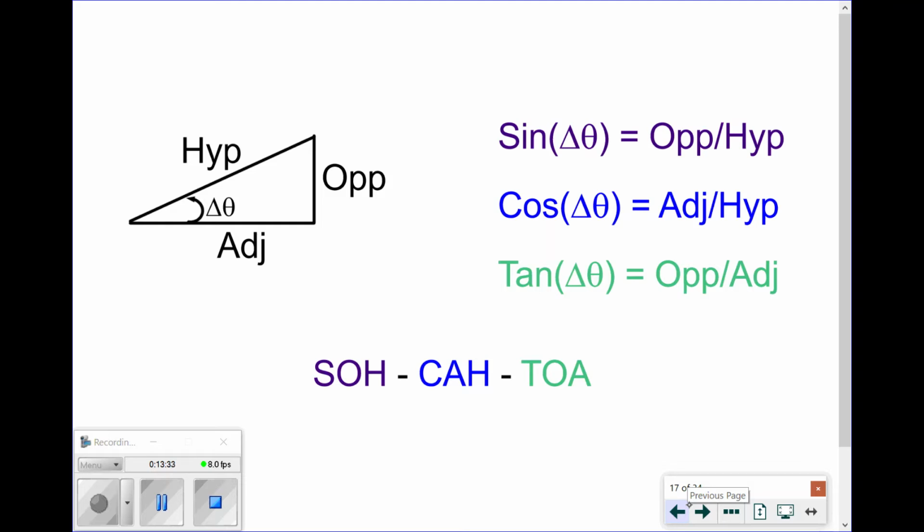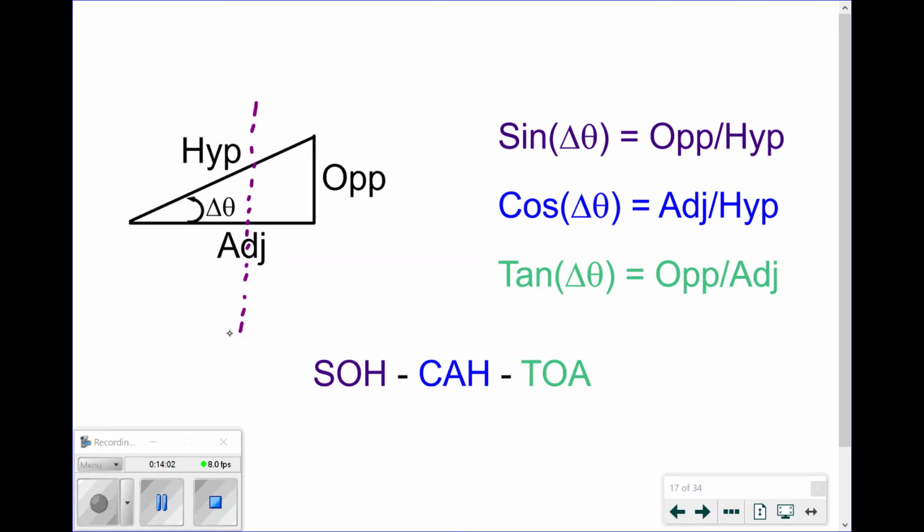You might have already learned that sine, cosine, and tangent are the ratios of the sides of a triangle. And the way this works is if you have your angle that you're interested in and you draw an imaginary dotted line inside the triangle, then the side that's opposite of the line is the opposite side for your angle.